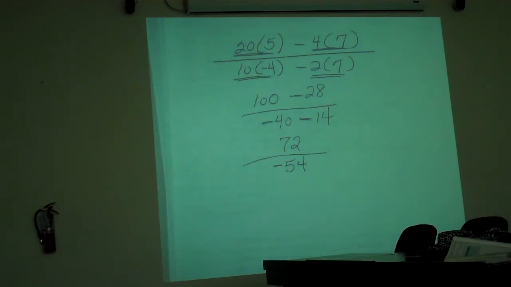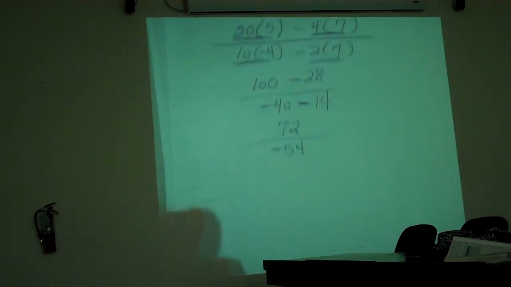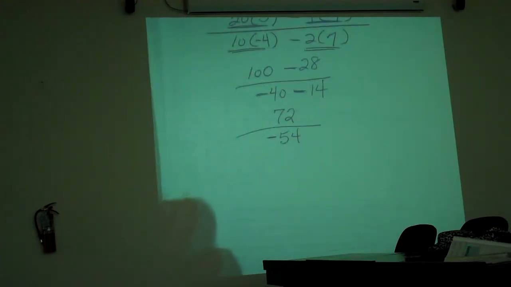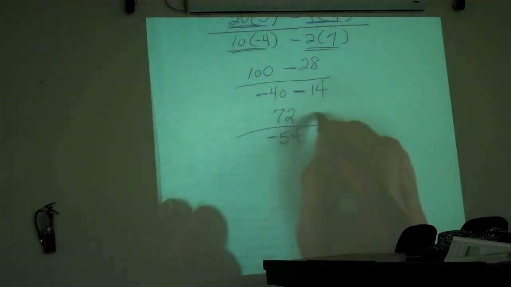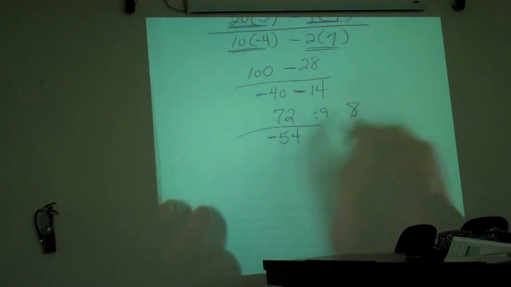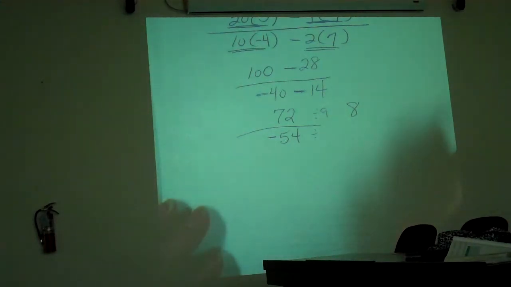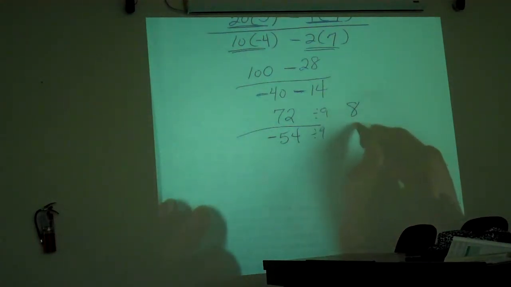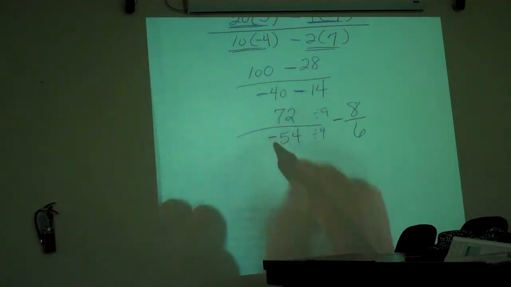That could be reduced, right? What can we divide by? How about 9? If we can divide by 2 and 9, we could probably divide by 18, but that's not going to be too easy. Let's do 9. 72 divided by 9 is 8. 54 divided by 9 is 6. And it's going to be negative because there's only one negative, right?